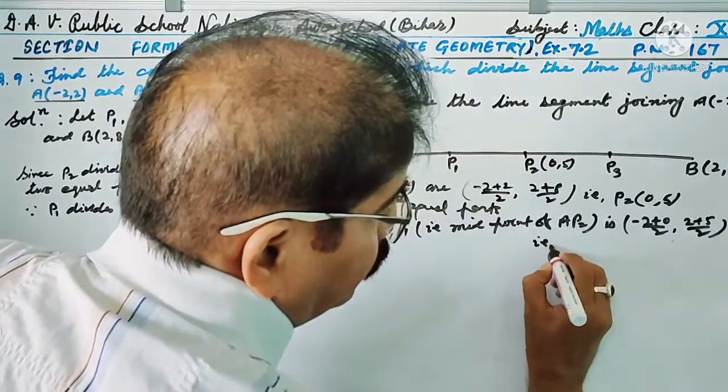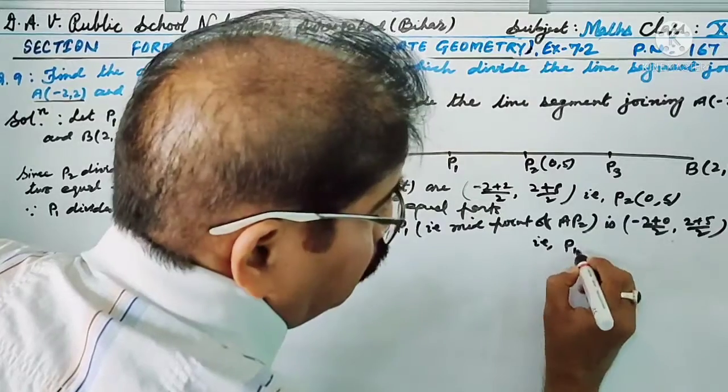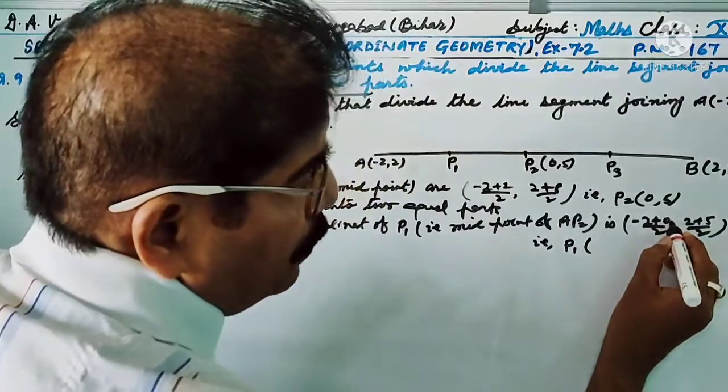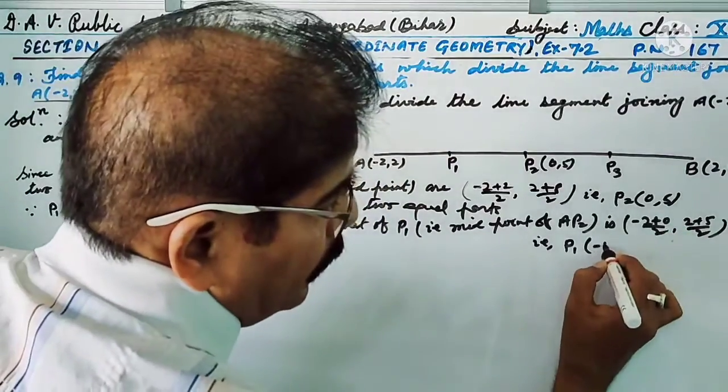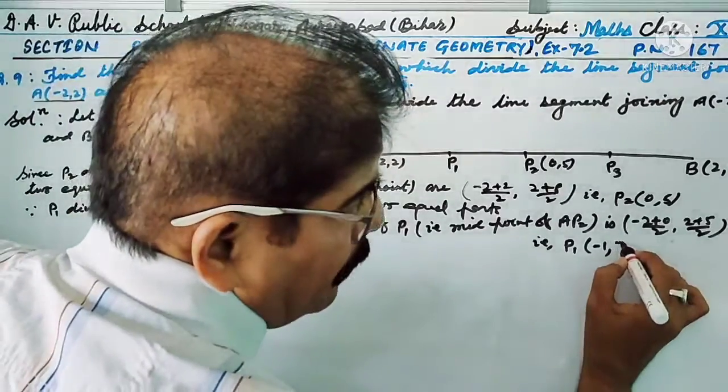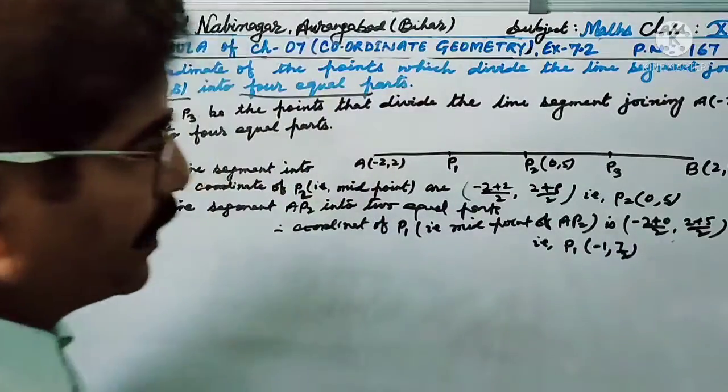That is, P1 is equal to (-2 + 0 = -2, -2/2 = -1) and 7 by 2.